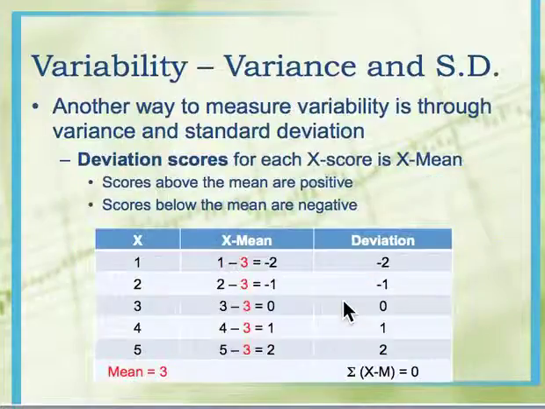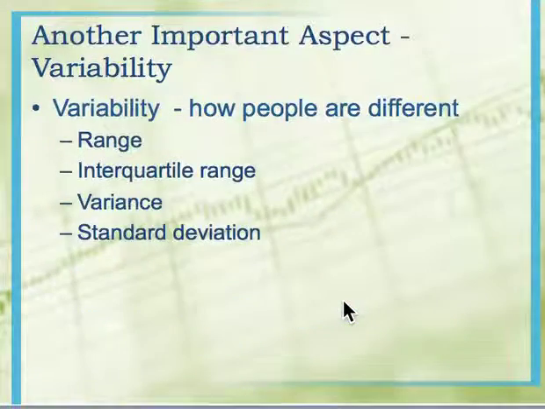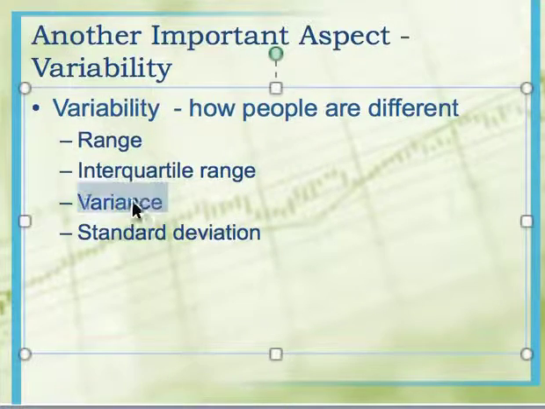When we think about variability, again, we're trying to represent how people are different. We really have 4 tools: the range, the interquartile range, the variance, and the standard deviation. Of these, variance is important computationally. A lot of our statistics depend on that. Conceptually, there's not a lot of use for it. The range gives you the full range of possibilities.